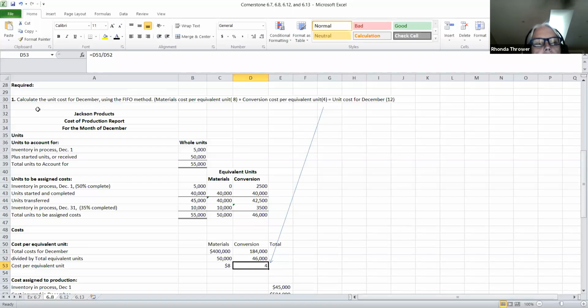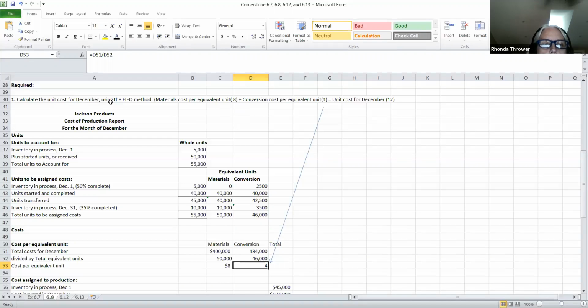Now, what they ask you for in the requirements on Cengage was to calculate the unit cost for December using the FIFO method. And the only way I could do that is to break it all down to show you how you get these costs. The materials cost was $8. That came from here. The conversion cost was $4. That came from there. The two of these combined is $12.